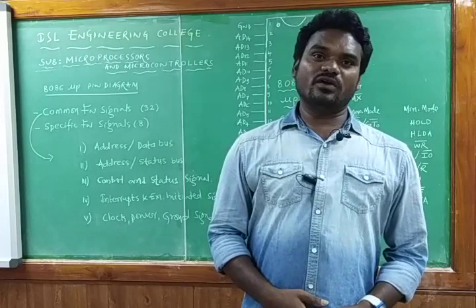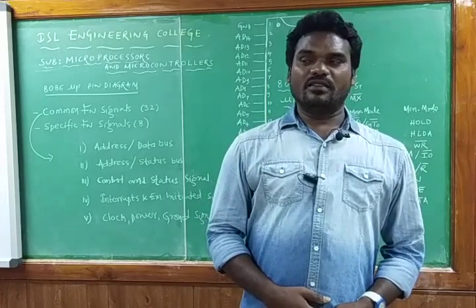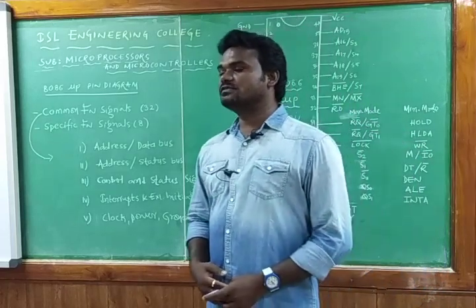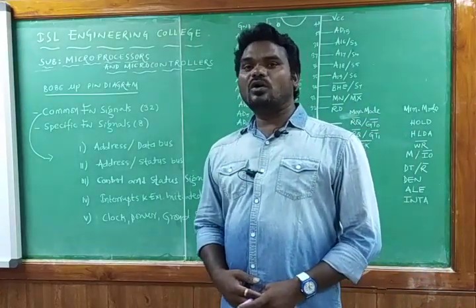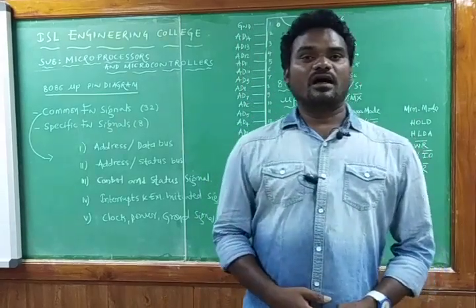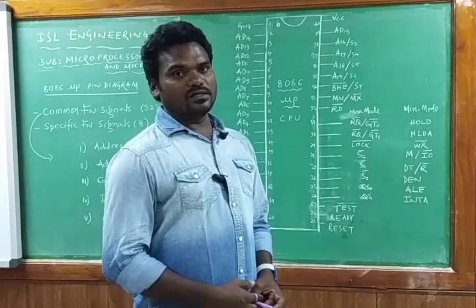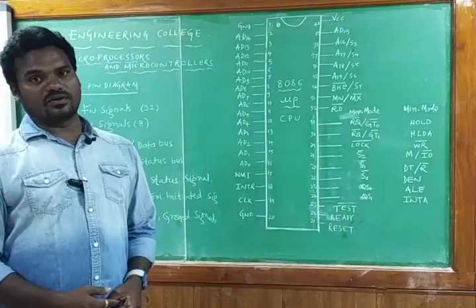If only the 8086 microprocessor can perform the function, then that operation is named the minimum mode of operation. That means no other coprocessors like 8087 are required.